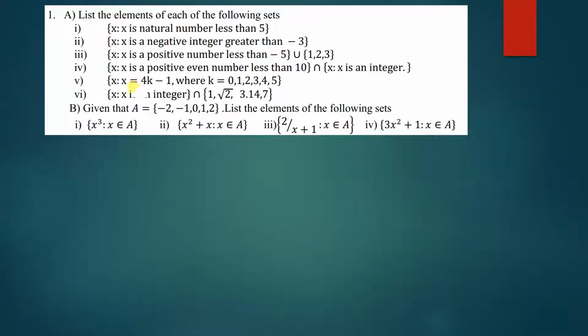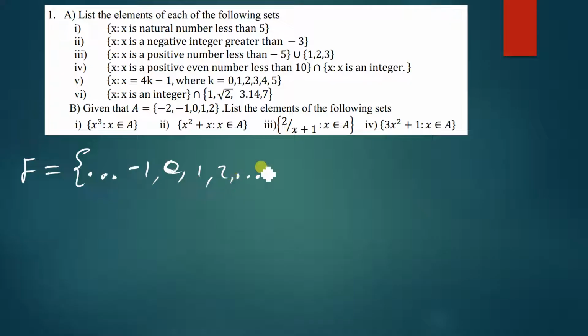So the next question says x is an integer, and then we're finding the intersection between the integers and this given set. So I'm going to name this as my set F. So integers are numbers from negative infinity to positive infinity. These are whole numbers from negative infinity to positive infinity.